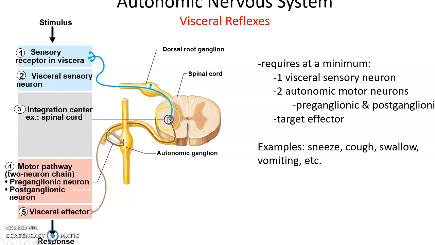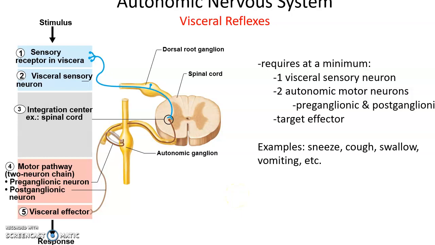And then that sensory neuron will synapse with the autonomic motor neuron, the preganglionic motor neuron. And if this is the sympathetic division, it'll go into the sympathetic trunk ganglion and then synapse with the postganglionic motor neuron, and that'll go to the effector, which would be the muscles important for swallowing. So you get the swallowing response.